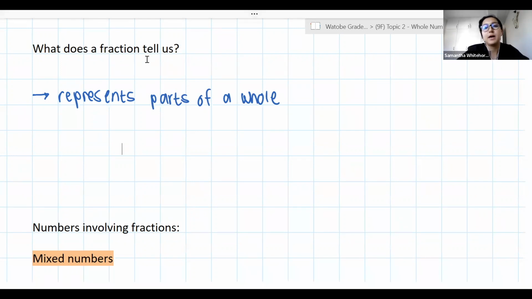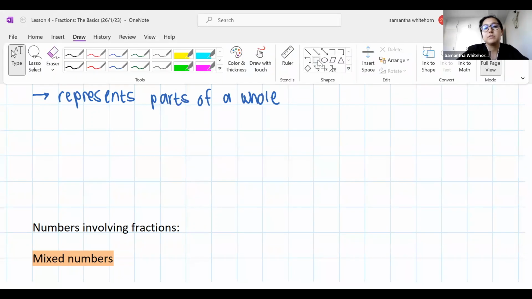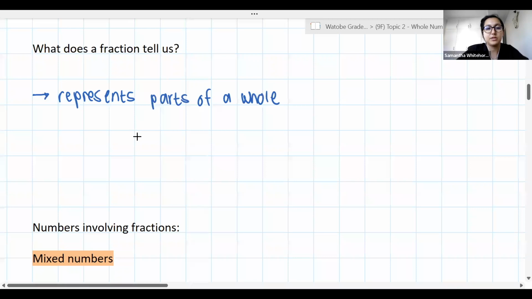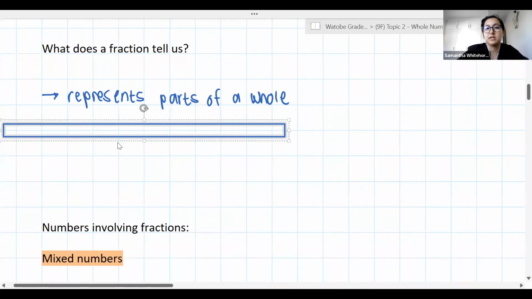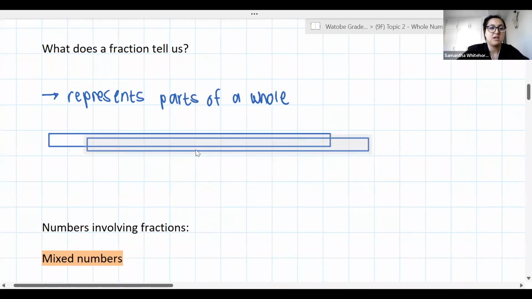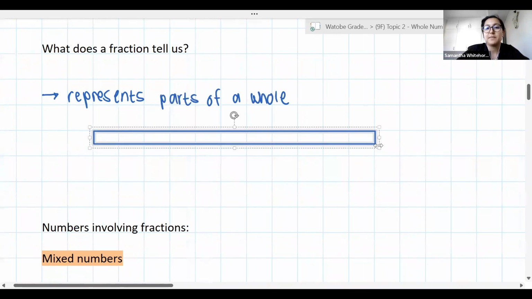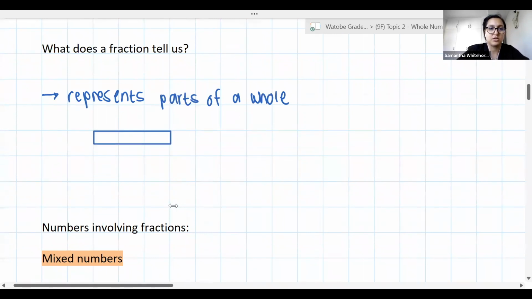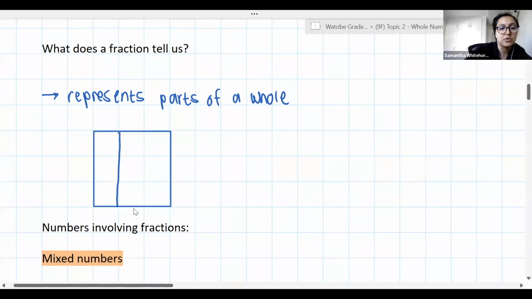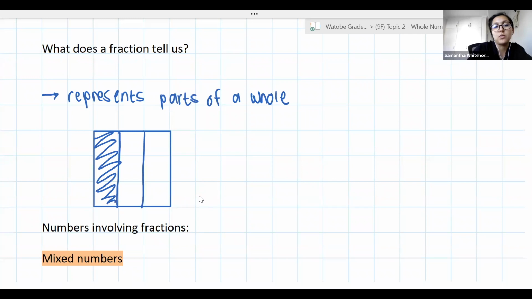So if we think about a visual representation of this, so apparently that's a square. If we think about a square, and we separated the square into, let's say, thirds, we could use a fraction to show that we're talking about one part of this whole.